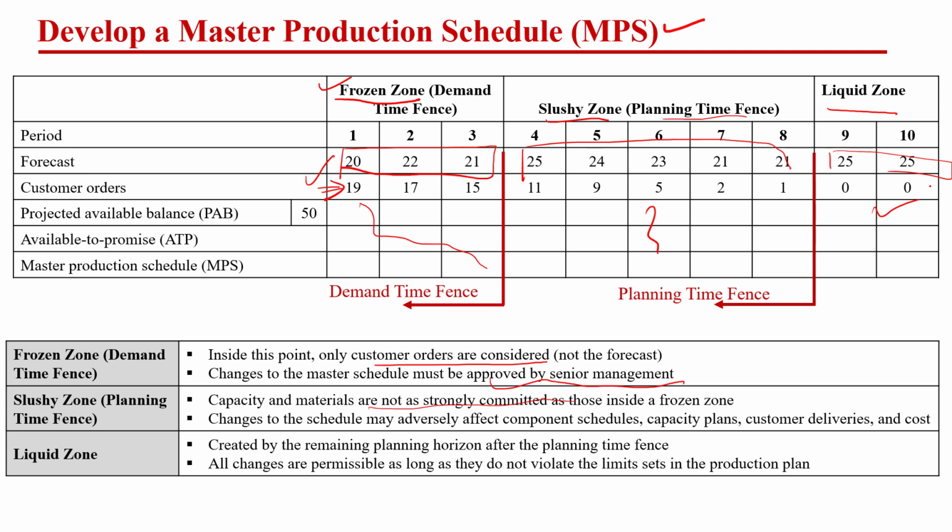But practically, I have experienced that most people divide the master production schedule into two time zones. One is a frozen zone, another is the remaining time zone. In a frozen zone, we are not changing our master production schedule without the approval of the senior management, and that is truly based on the confirmed customer orders. After that, it is purely based on the forecasted demand, which you can change.